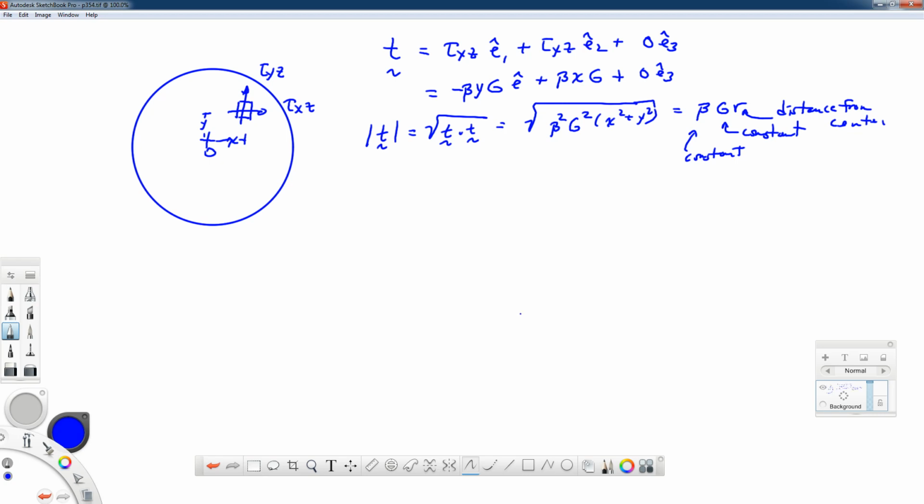So, if we wanted to plot a stress distribution, what that stress distribution would look like would be something that increases as r increases. It becomes a maximum on the outside of the bar. So this is our typical undergraduate mechanics of materials shear stress distribution.